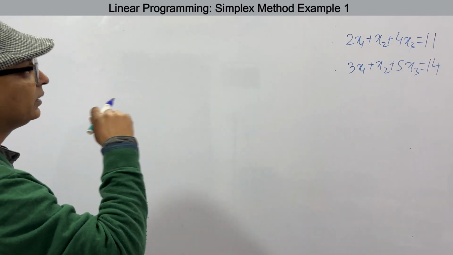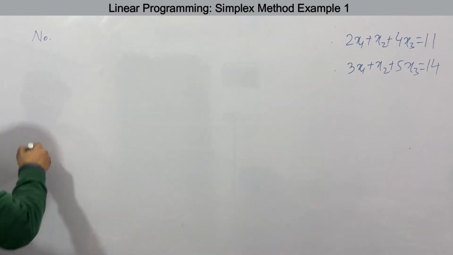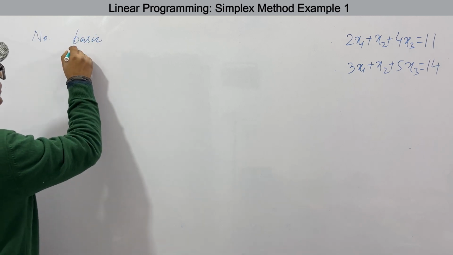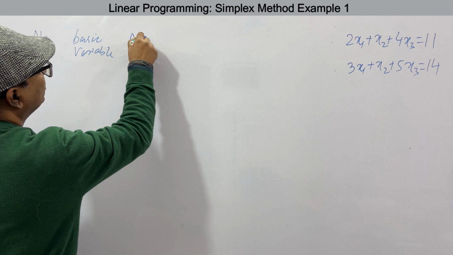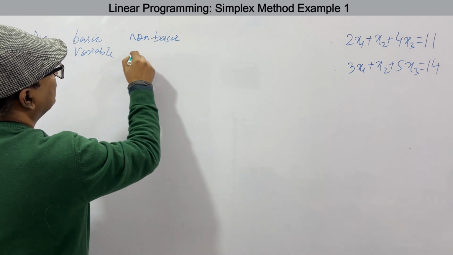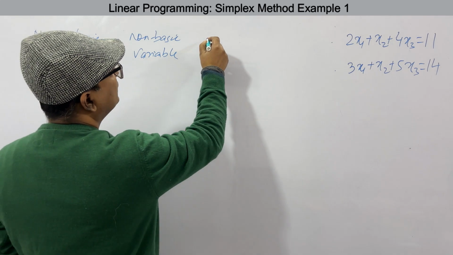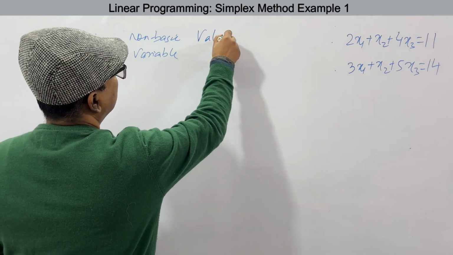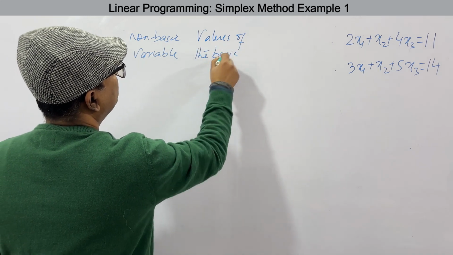So we'll construct a table to understand this. First is the number of solutions. Second is, what is the basic variable here, and what is the non-basic variable? Then is the solution, where we will see the values of the basic variables. You understand what a basic variable is?